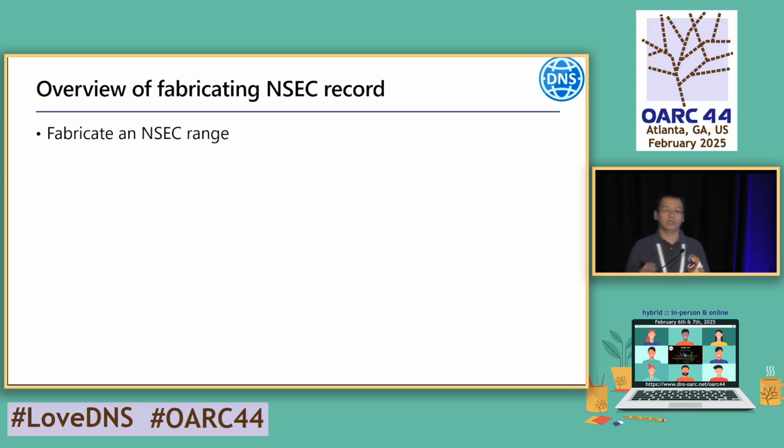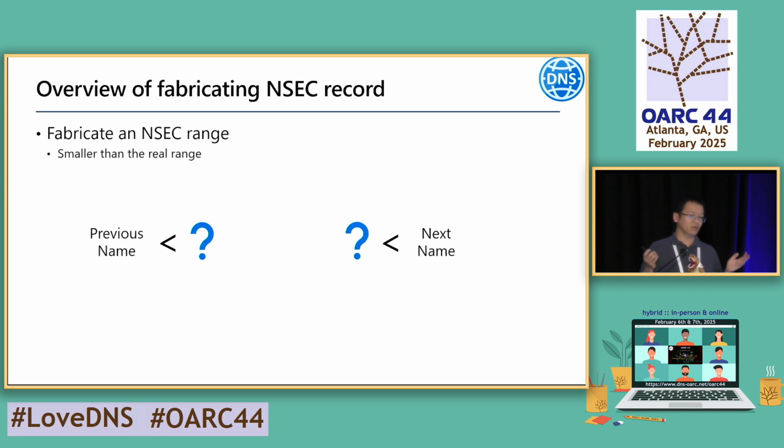So the whole idea is, can we fake some kind of NSEC range? For example, can we fake a range that is smaller than the real range? Say the real range is 1 to 9, and the server says, I don't have records between 1 and 9. Here we can say that we don't have records from 4 to 6.